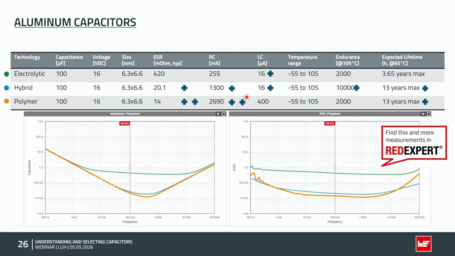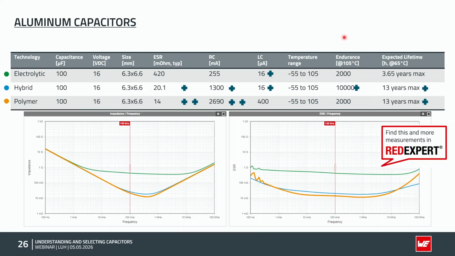You can also see that the ripple current is way higher for the polymer and hybrid ones in comparison to electrolytics. And here you can see the big benefit of the hybrid ones: the leakage current is way smaller than the polymer capacitor.